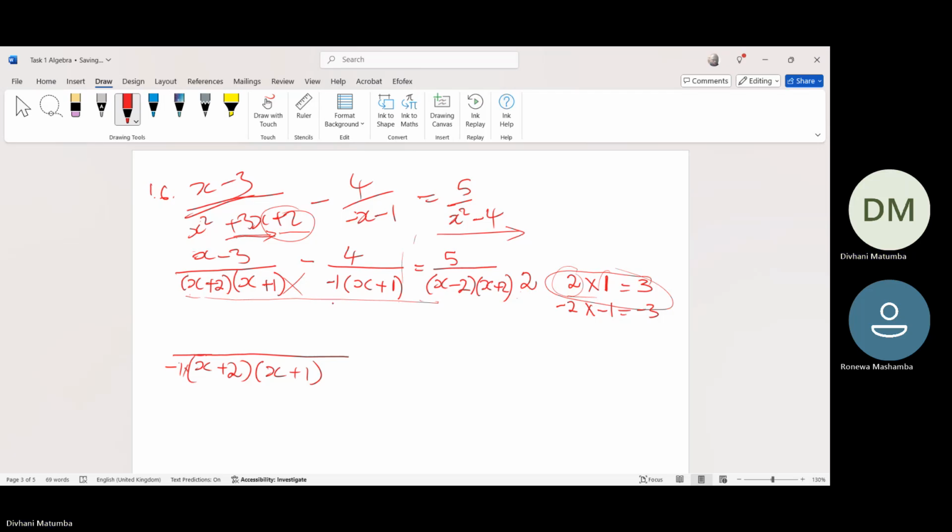Now, from here, what do we do? On the numerator, we have x minus 3. What is it that we're gonna multiply x minus 3 with?